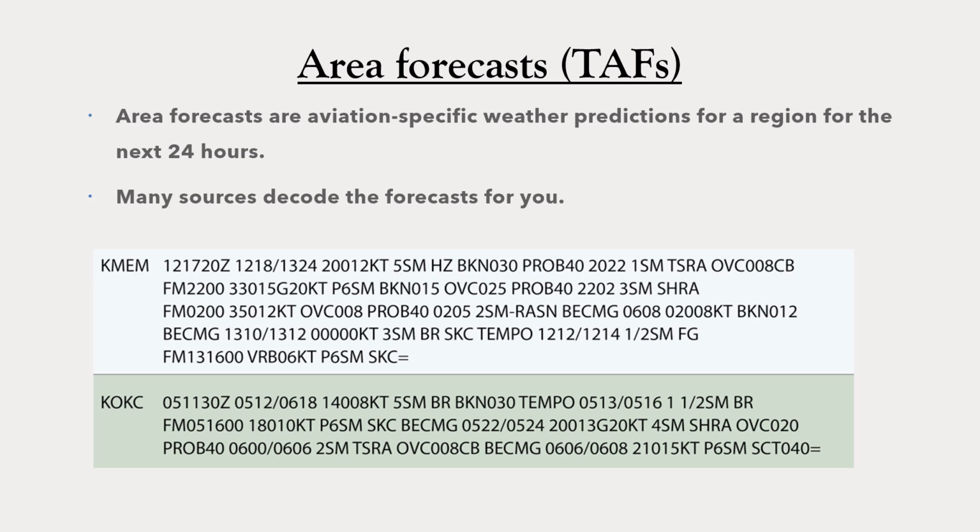A similar one is becoming, which is abbreviated with this BECMG. The difference there is that it says sometime in an interval of time after that it should change to the new conditions. They're not being so specific about what time that will change.